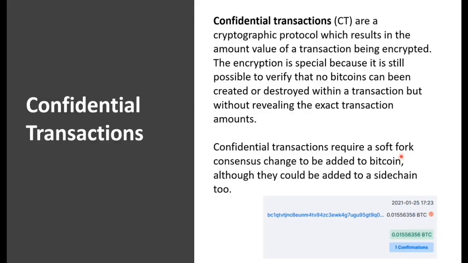They can also be added to what we call a side chain as well, because the miner or the validator of the transactions needs to indeed validate that there was no additional Bitcoin added or subtracted during the transaction, because again, the value is not known.